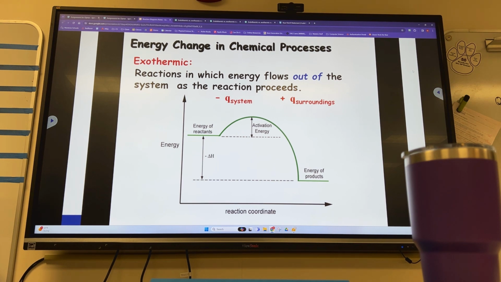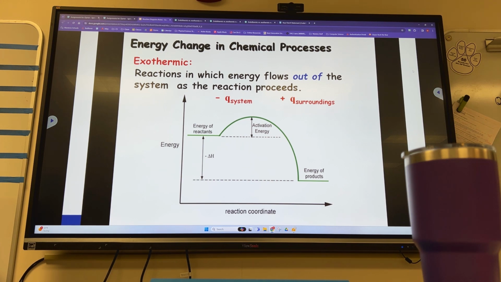So let's think about this. What kind of process, endothermic or exothermic, is an ice cube melting? An ice cube melting is exothermic. No. Henry says no. It has to gain energy to melt.